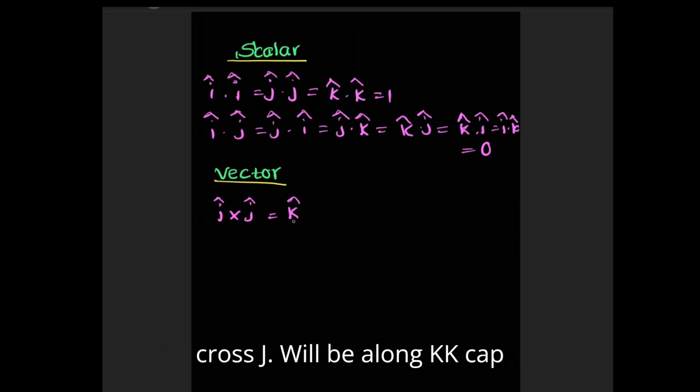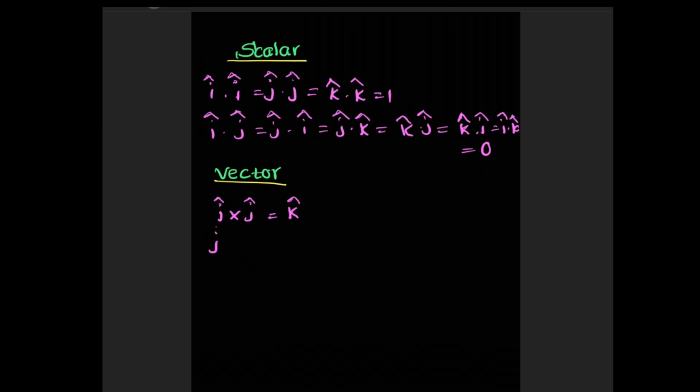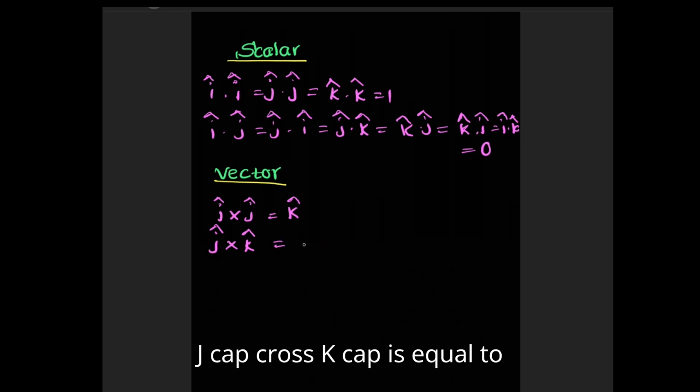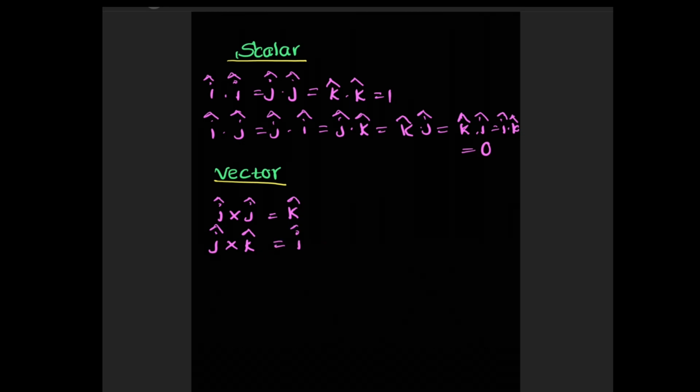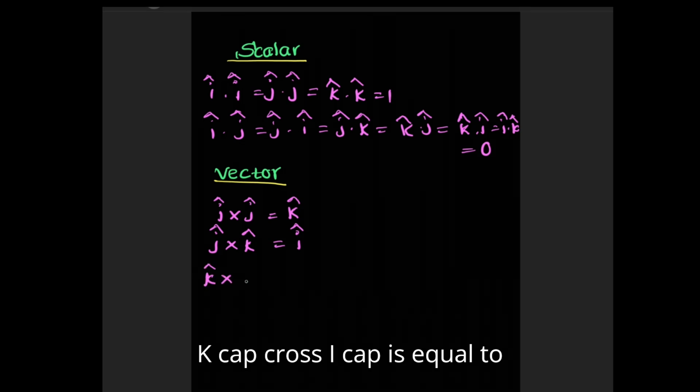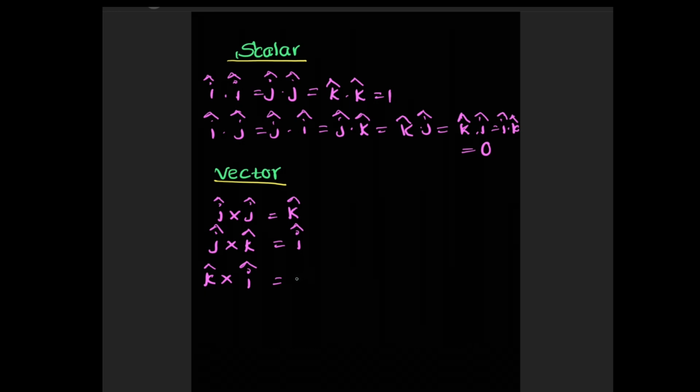So i cross j will be along k cap direction. j cap cross k cap is equal to i cap. k cap cross i cap is equal to j cap.